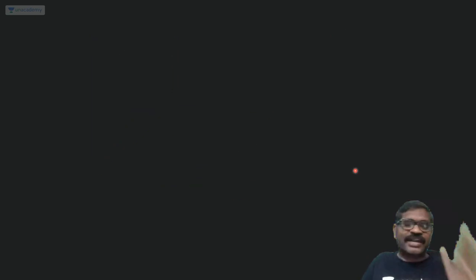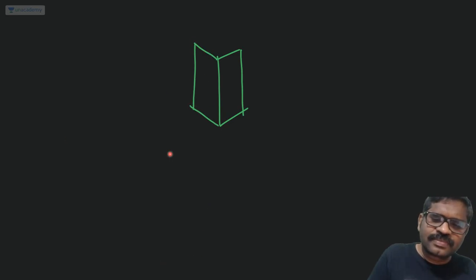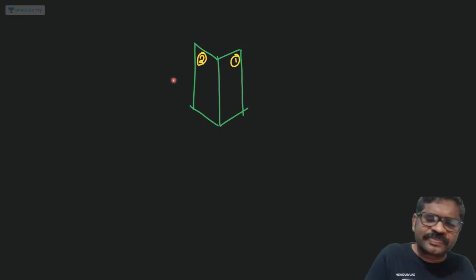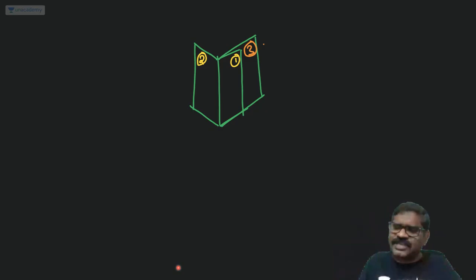Suppose three planes are intersecting like this. Your notebook. This is page number 1, this is page number 2, this is page number 3. Suppose if you take one notebook, each page is a plane.